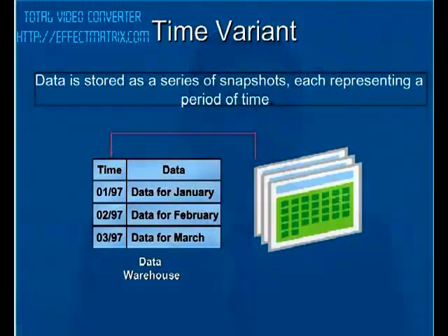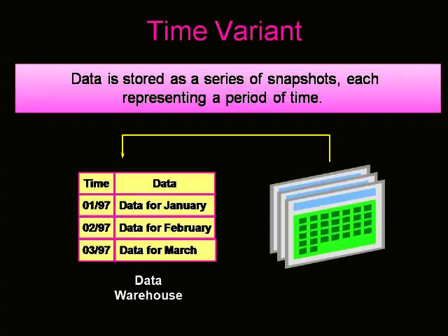The next property is time variant. Data here is stored as a series of snapshots, each representing a period of time. Operational data usually covers a short period of time since most transactions involve the latest data.